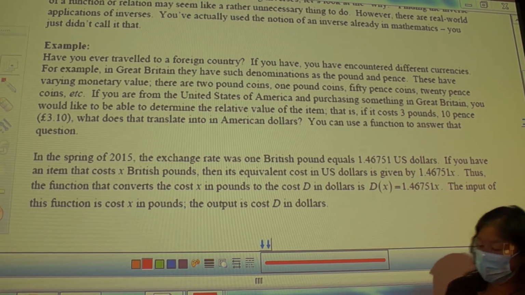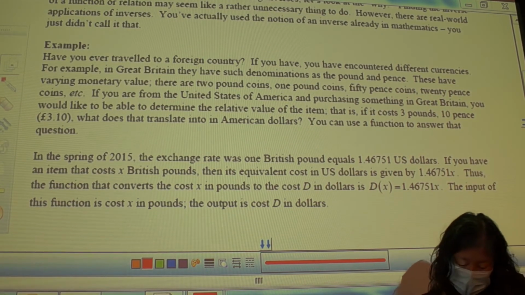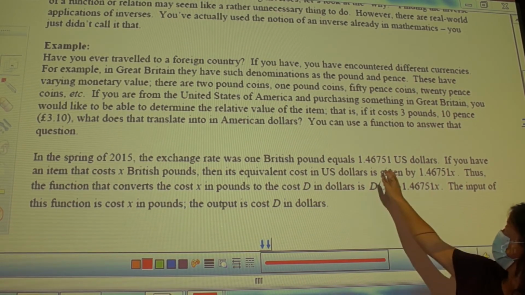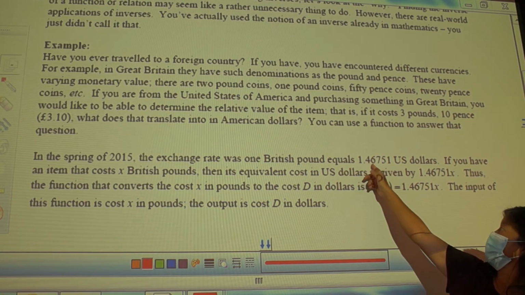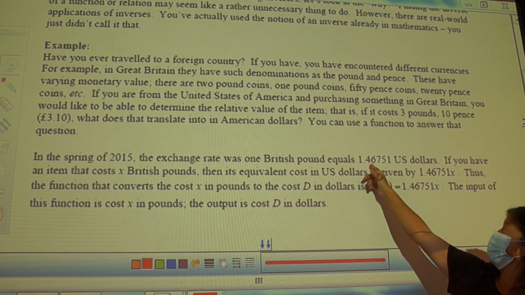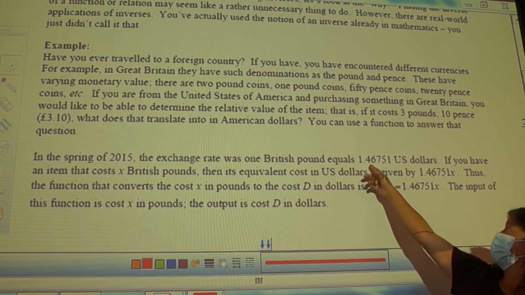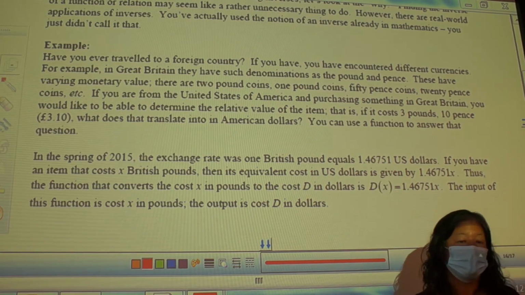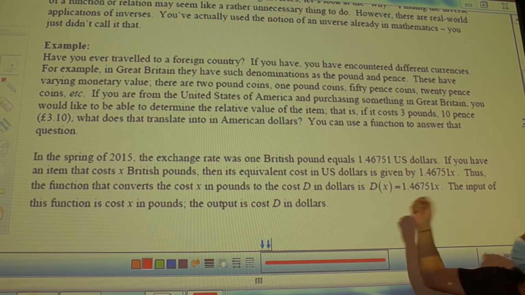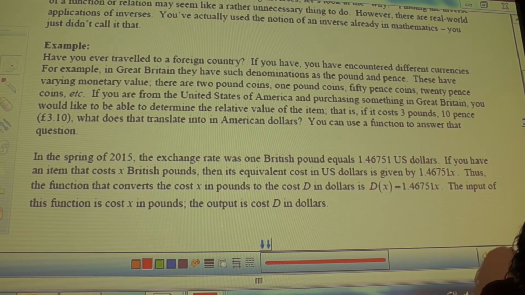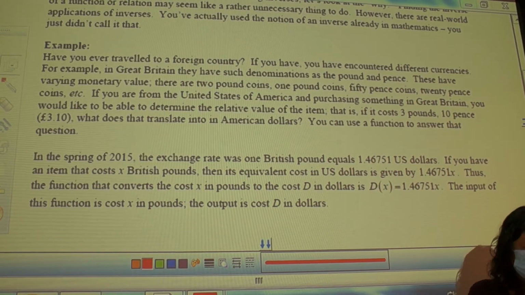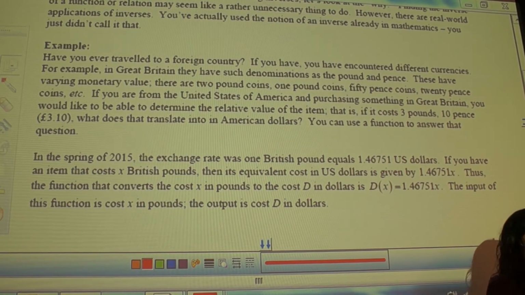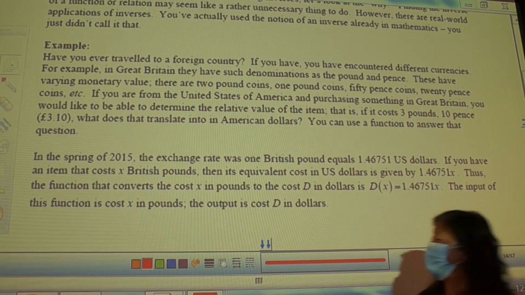So if you input, say, 14.675 or 14.68 pounds. That would roughly cost me, if it was 10 pounds, it'd cost me roughly $14.68. So you drop it into this function, it spits out your amount in dollars.